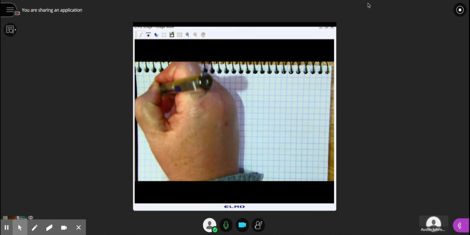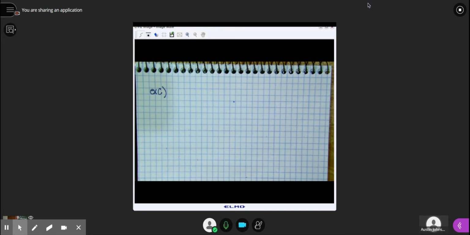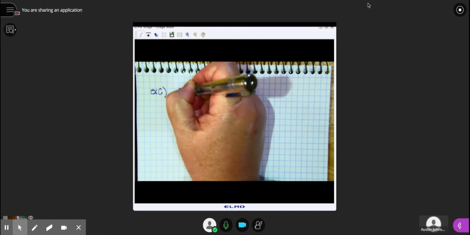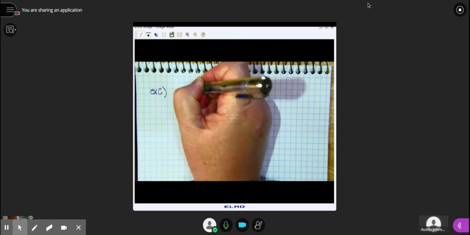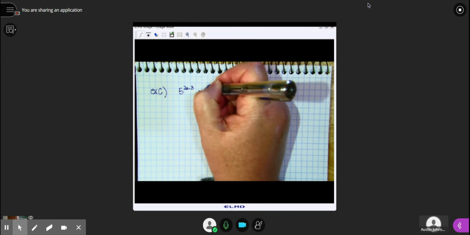What about, let's do example C there. What about something like 5 to the 2x minus 3 is equal to 16?